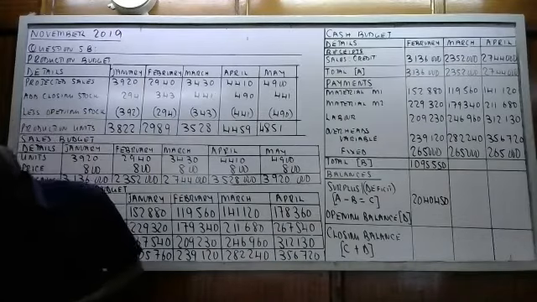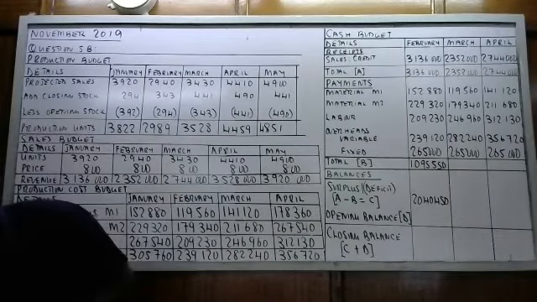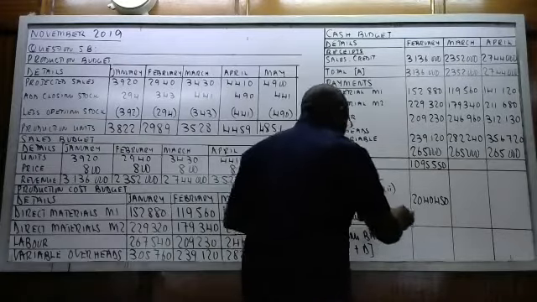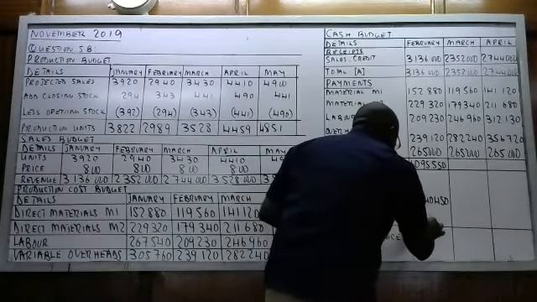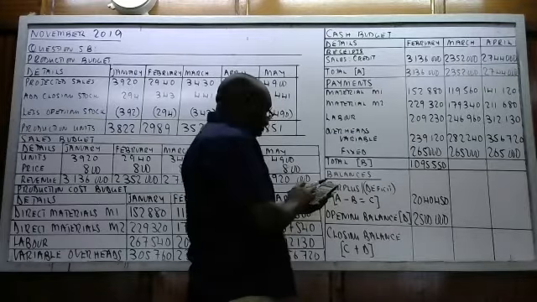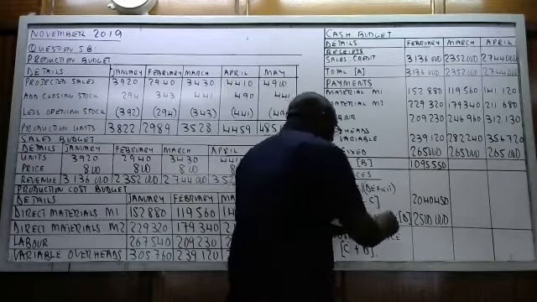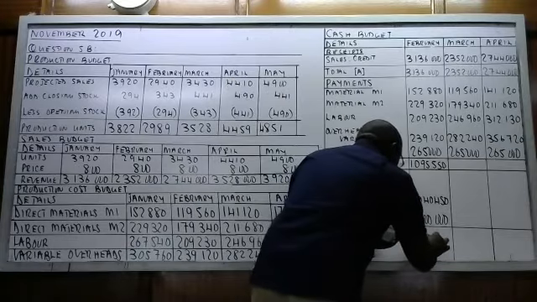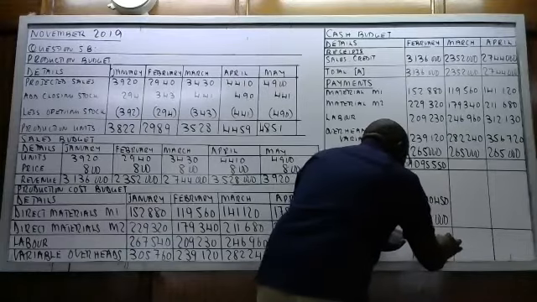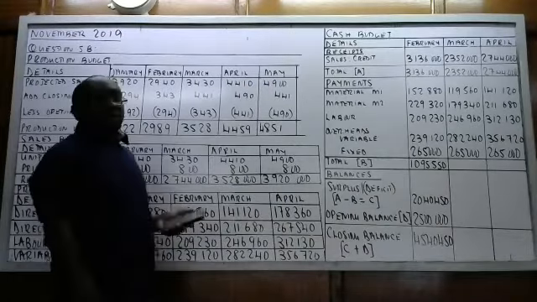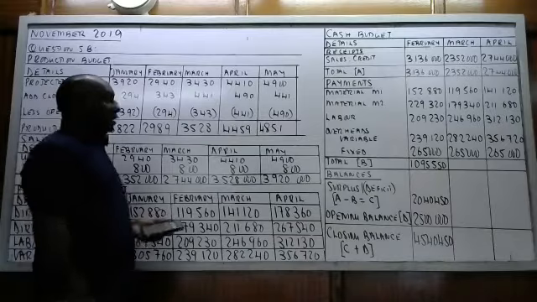And then tulikuwa tumeambiwa the opening balance is 2,500,000. So ukiadd hiyo 2,500,000 unafunga na 4,540,450. That is what you close with that month.